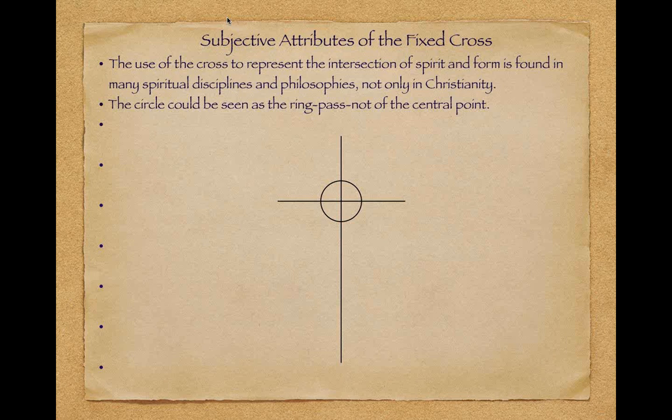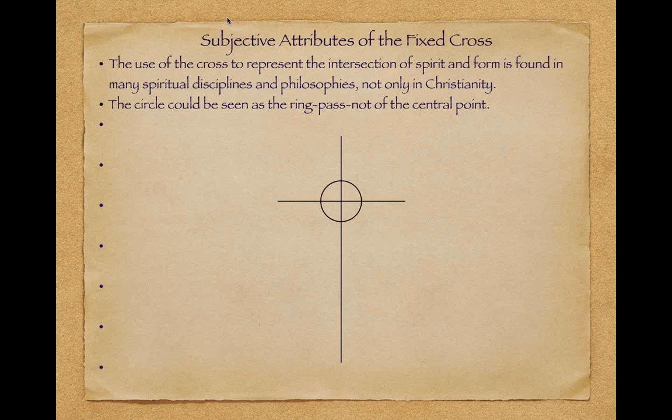It's almost like a portal that takes you beyond the consciousness represented by this fixed cross. And it certainly is the concept of unity, right? It's the oneness. The circle, from this point of view, could be seen as a kind of aura of that central point, right? So yeah, thanks for that.